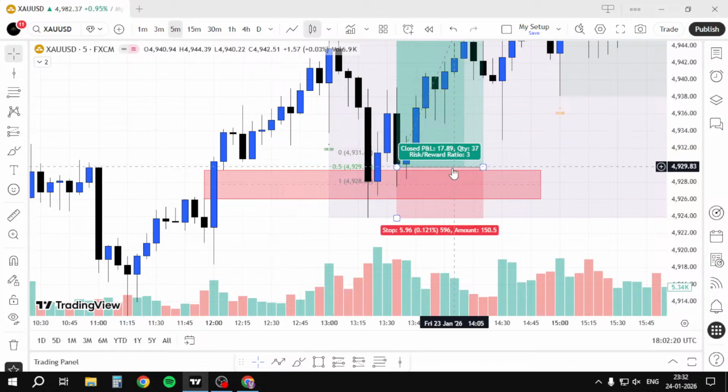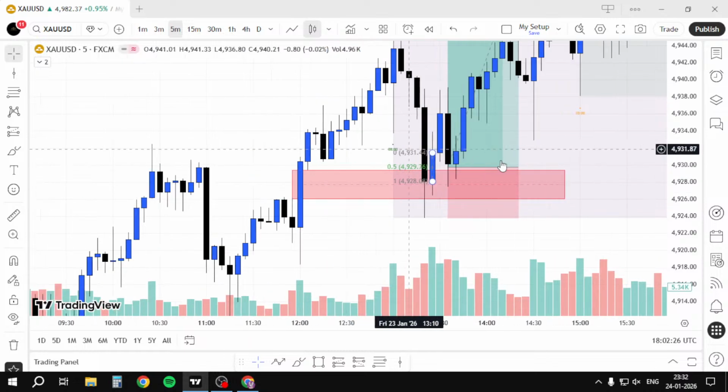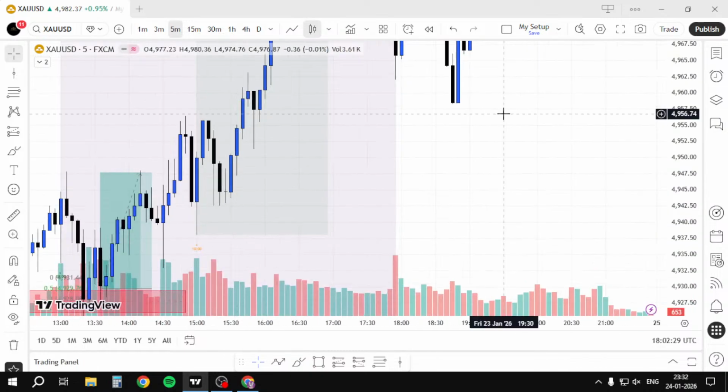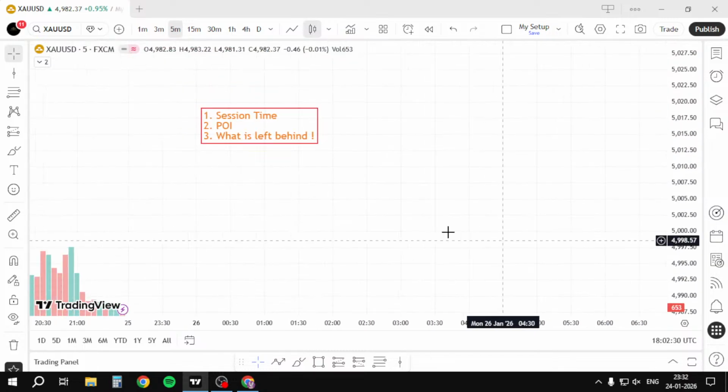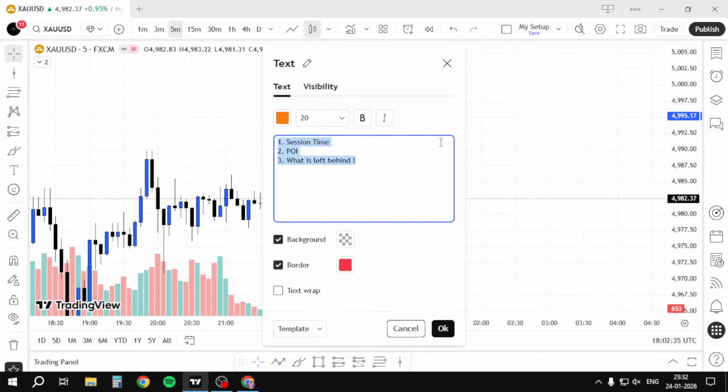Then we will mark the 50% fib retracement. Wait, let me put that point here. What is left behind, and here is the entry model.